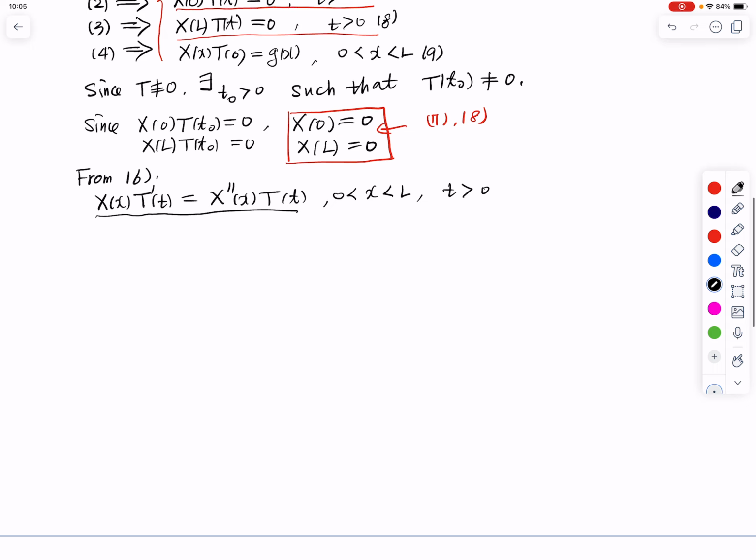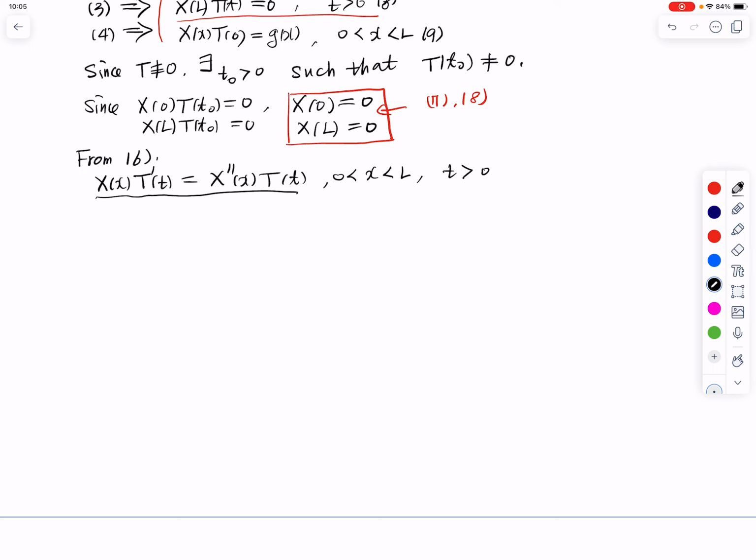So what I'm going to do next is not mathematically rigorous. Okay, what I'm going to do is this. Just try to divide equation 6 by X(x)T(t).